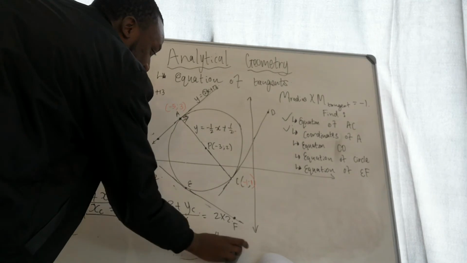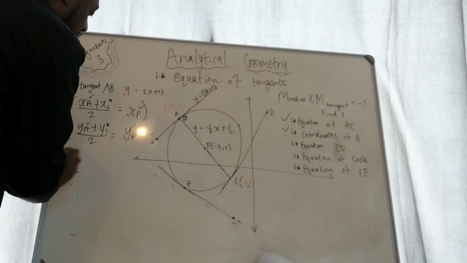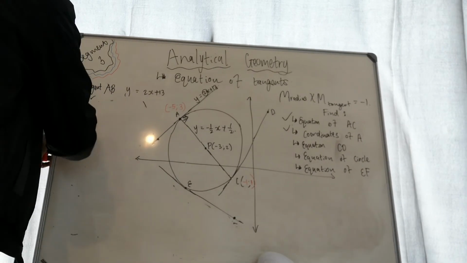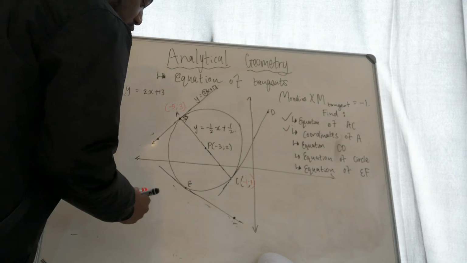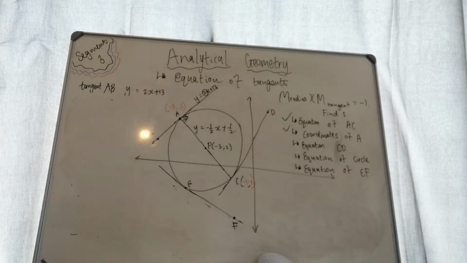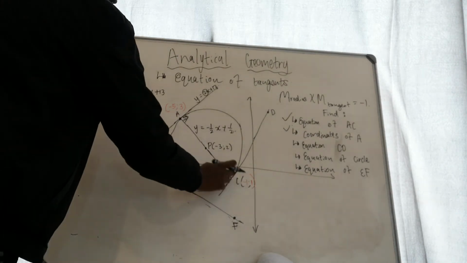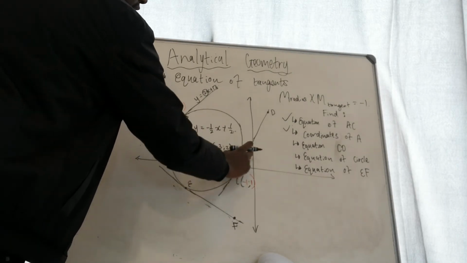Remember why we were calculating these? Because we couldn't actually find the equation without those coordinates. And that's what this question wanted us to find, the equation, sorry. So now we have the coordinates. We can use the gradient of this one to find the gradient of the tangent.